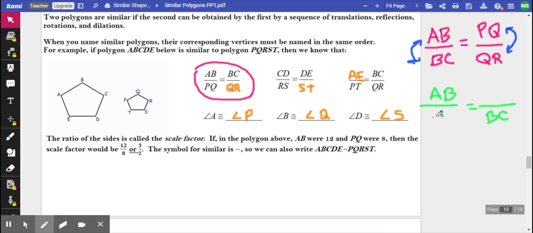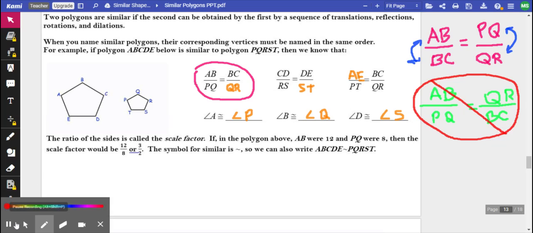So if I knew that AB and PQ still match each other, so I could put that there, that would mean QR is over here. If you have things diagonal like this, you're not going to get correct answers. So it's important to remember for everyone that you don't have things that are related to each other from the same shape diagonal from each other in a proportion.